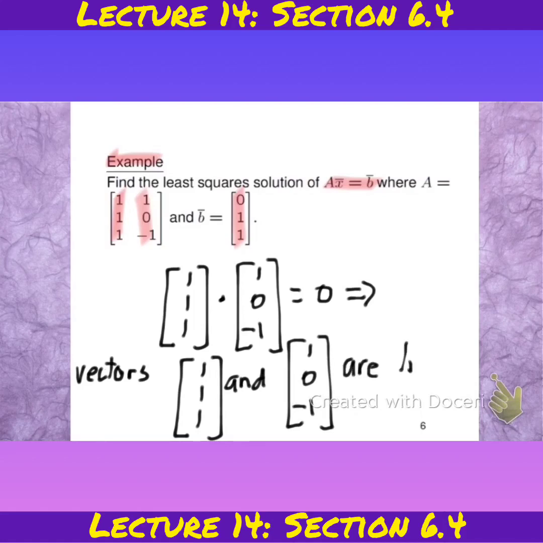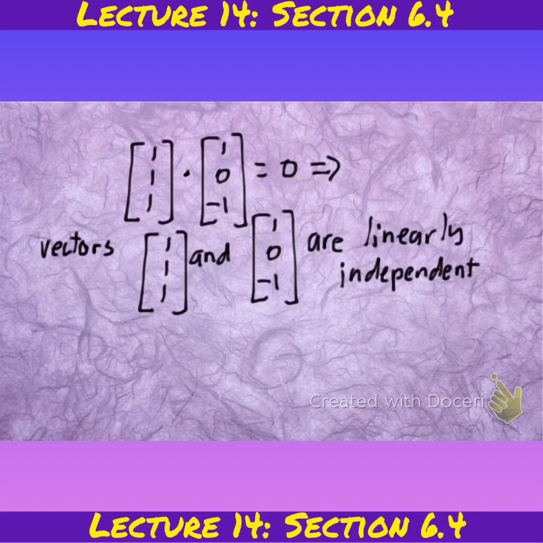So if we are to find the least square solution of this system here, according to the previous theorem, what did we solve for X as?